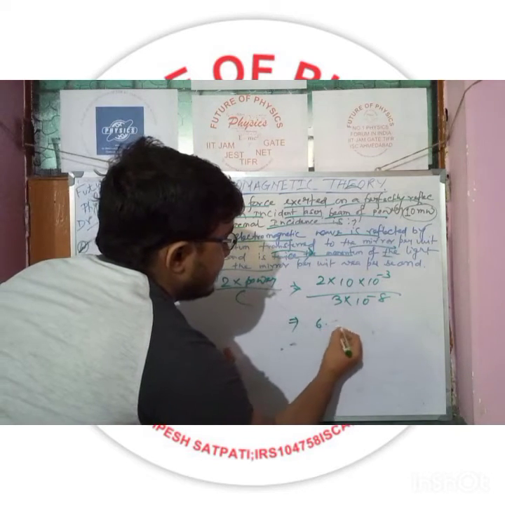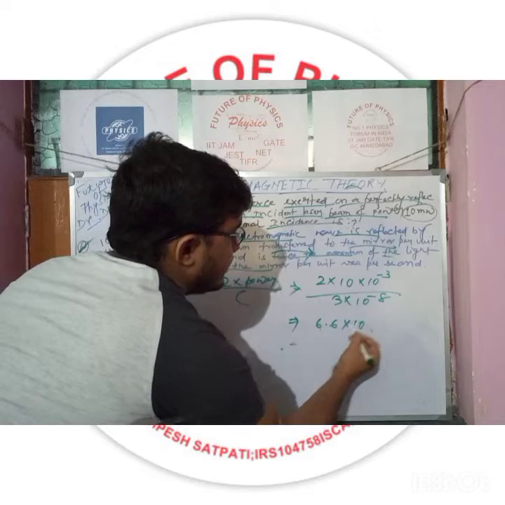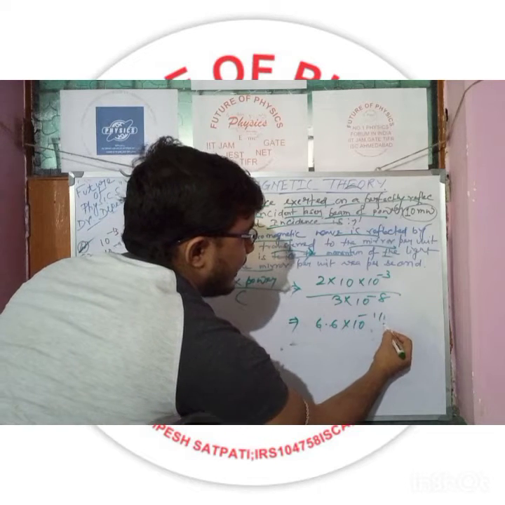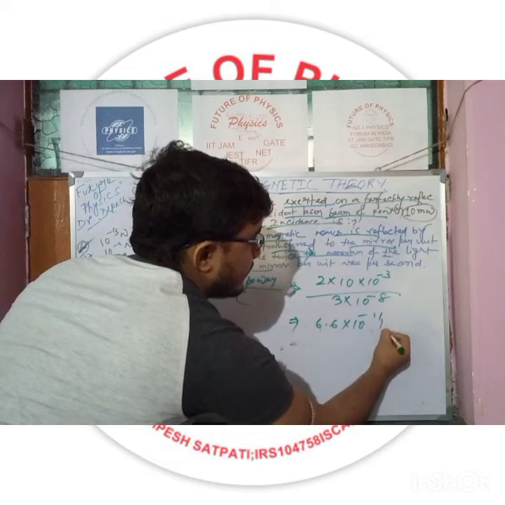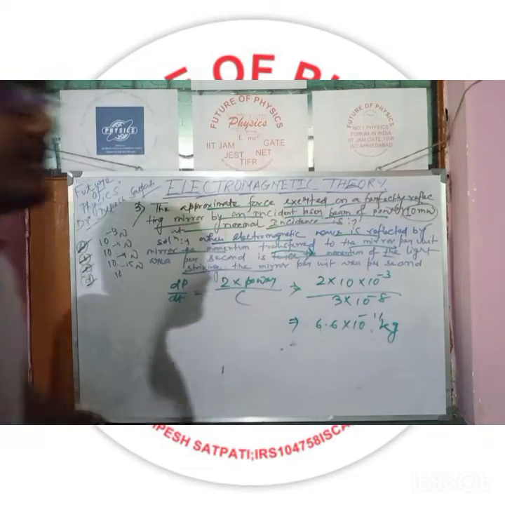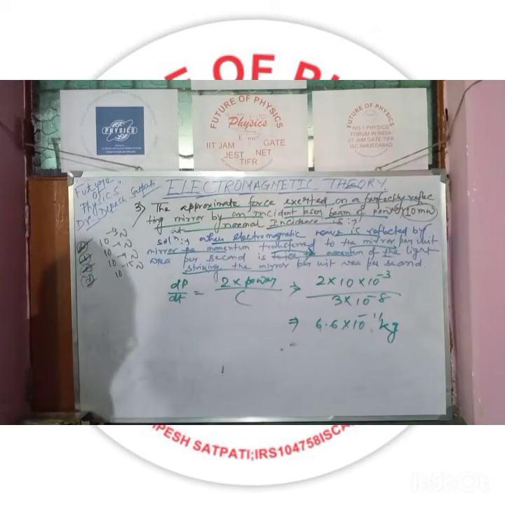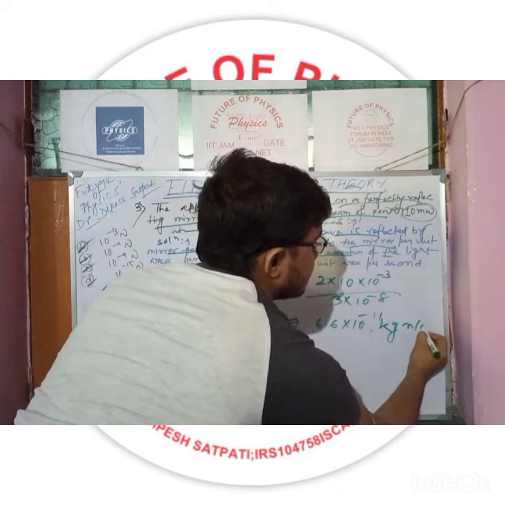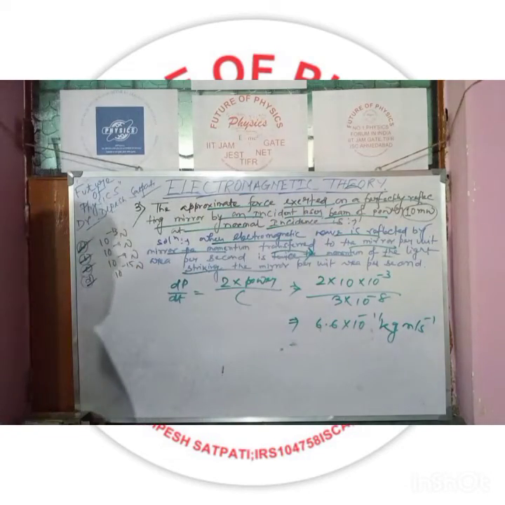Now 6.6 into 10 to the power minus 11 kg meter per second.